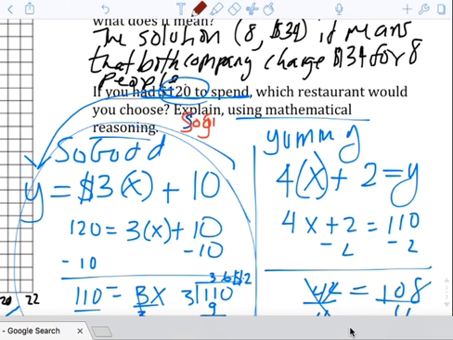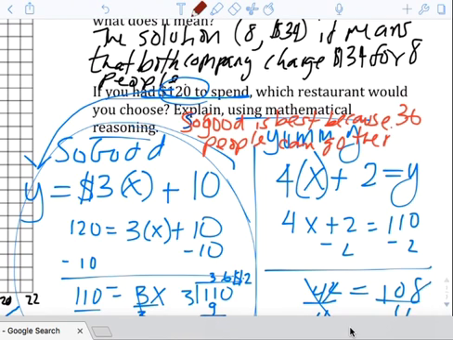So Good is best because 36 people can go there for 120, while Yummy only 27 can go.